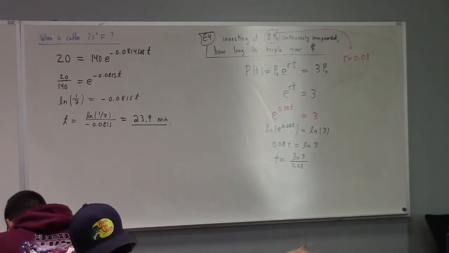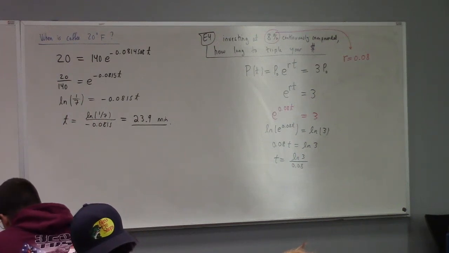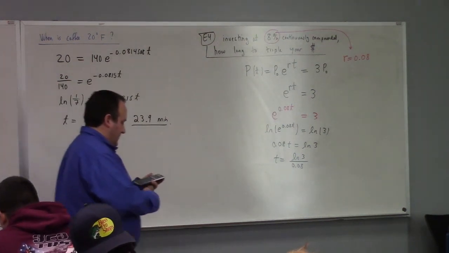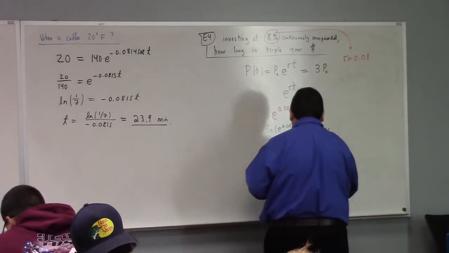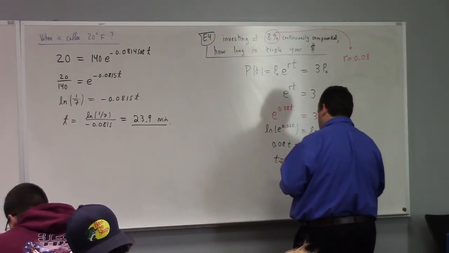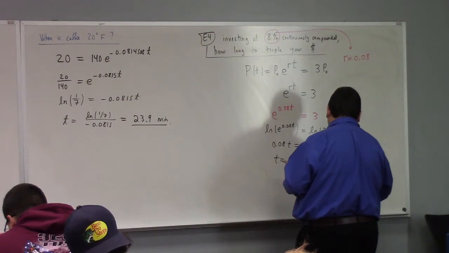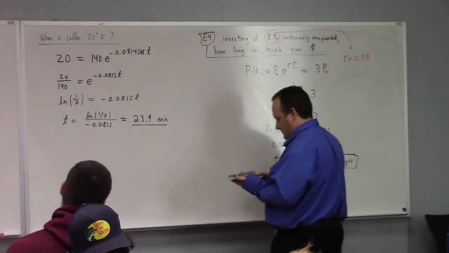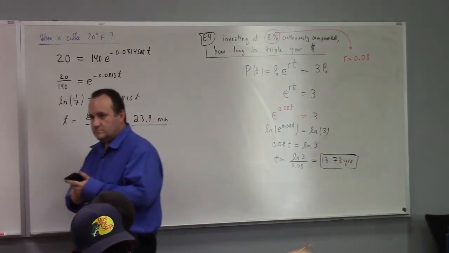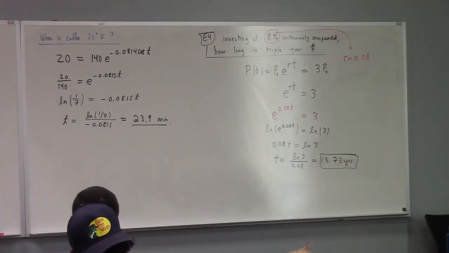And we get 13.73 years. Unfortunately, this problem makes no sense at all because there's like 12% inflation right now, so whatever. But ignoring that, it's a lovely problem.